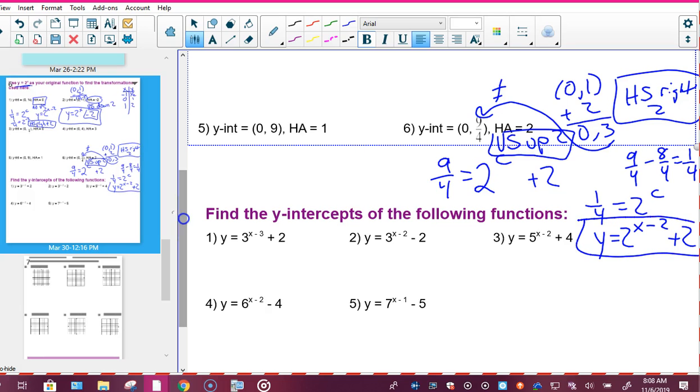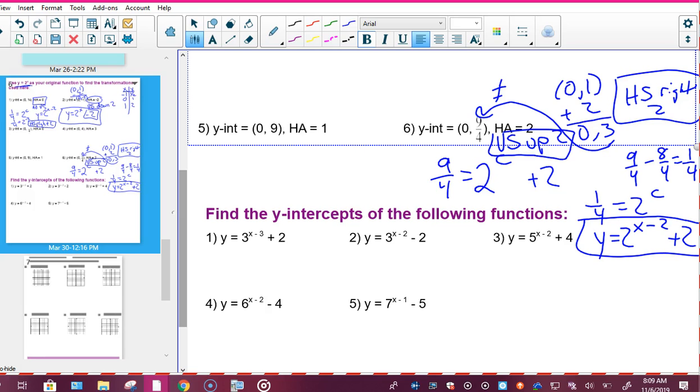Okay. So just to recap what we did. We set this up just like we did in number 1, except there was an extra step because we had a vertical shift.